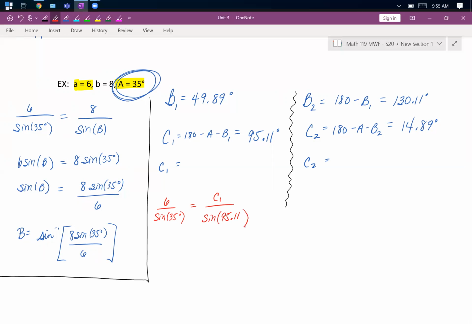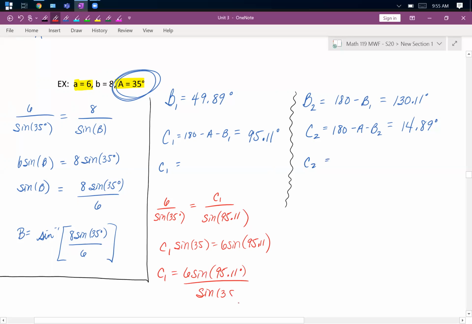Our angle B is rounded, so I didn't want to use that B pairing since it was a rounded answer. Cross multiplying. And then dividing. So C1 is going to be 6 sine of 95.11 degrees divided by sine of 35.